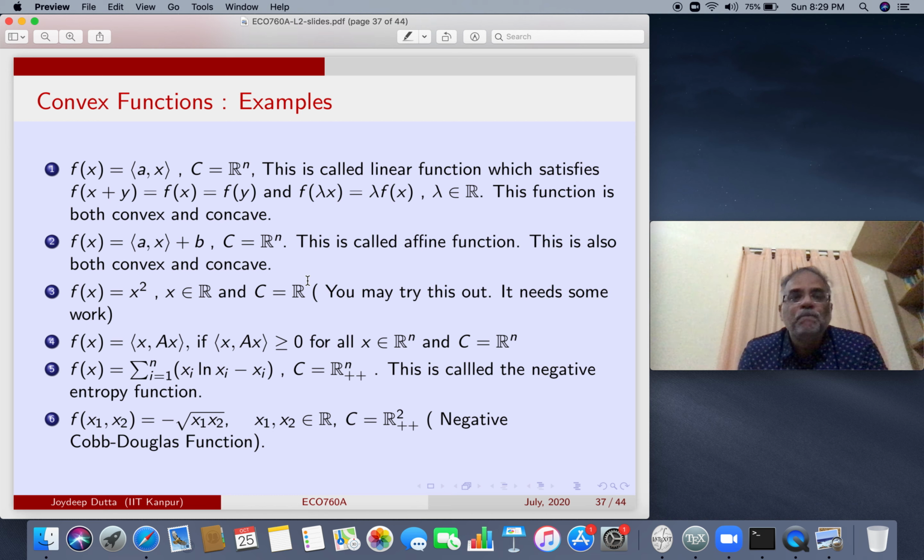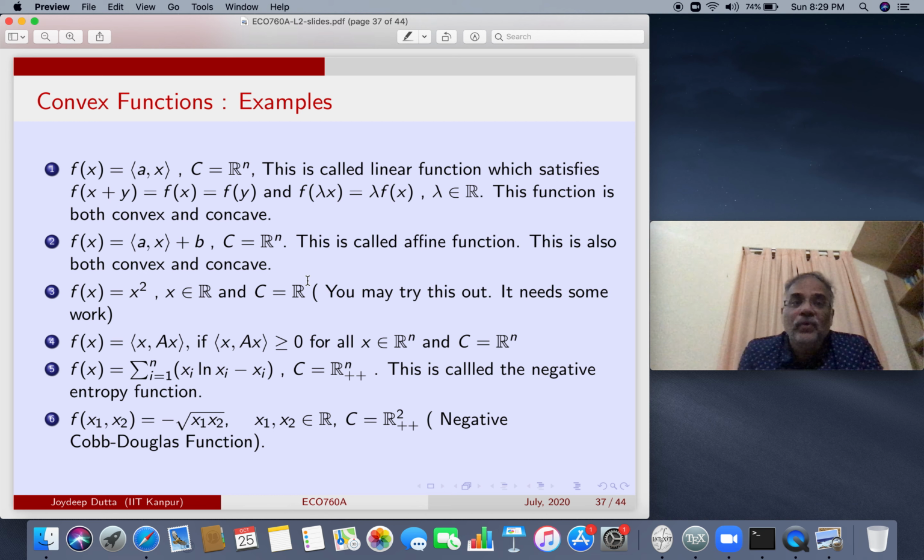Now f of x is equal to x transpose Ax. It's a quadratic function. Inner product of x, this vector, and then you take the inner product with Ax. A is an n cross n matrix which you operate on the vector x. So you get the new vector Ax, and you then take inner product of those two.